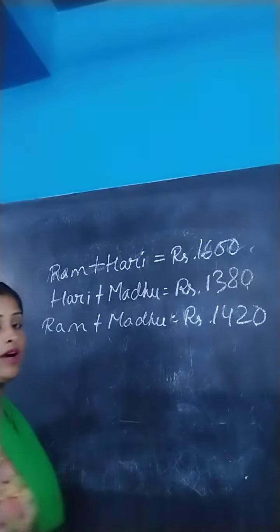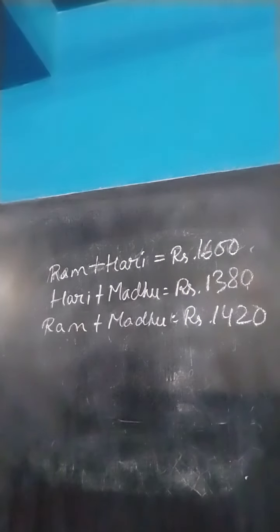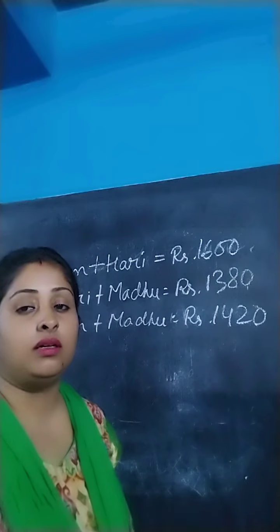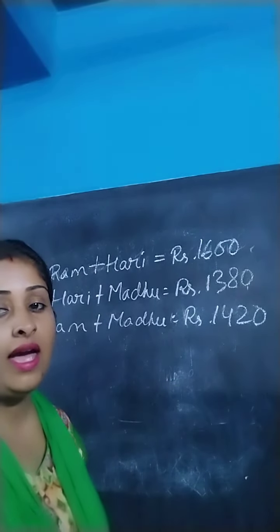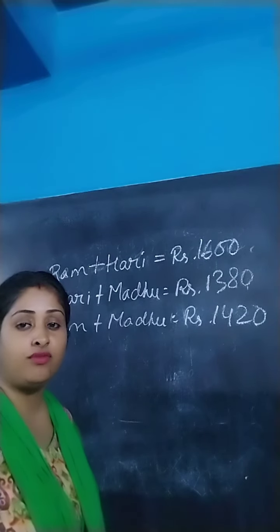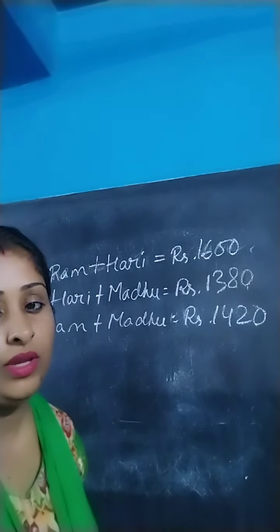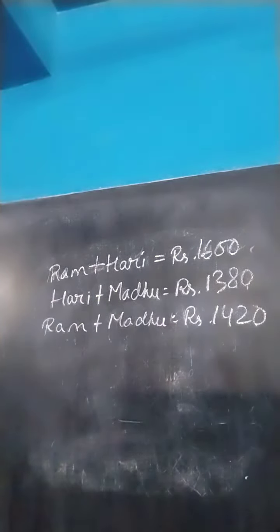You are asked to find out what is the sum of money each of them is having: what Ram is having, Hari is having and Madhu is having. You have to find out the individual sum with these three people.